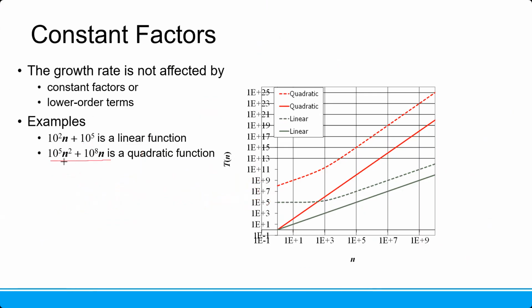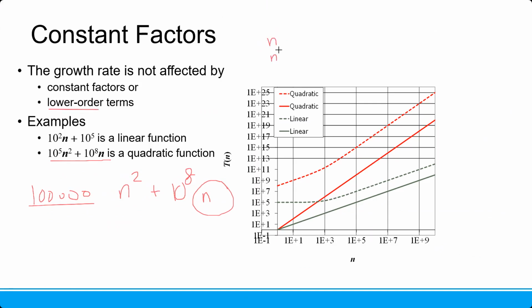The second example, 10,000 multiplied by n power of 2 plus 10 power of 8 n. So this is a constant, and this is what we call lower order. Why lower order? We have n.